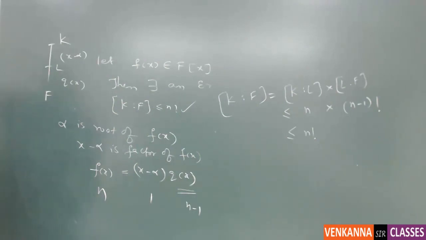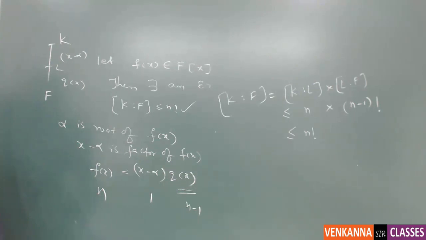So K over F is equal to K over L into L over F. For L over F, I will take n minus 1 factorial because I have taken the polynomial q of x. For K over L, we know that the degree may be less than or equal to n. We don't know what polynomial it is satisfying, but the least we can take is the first degree polynomial.